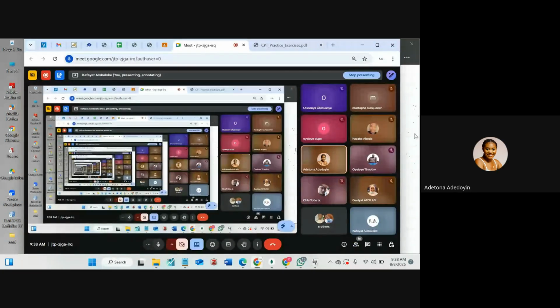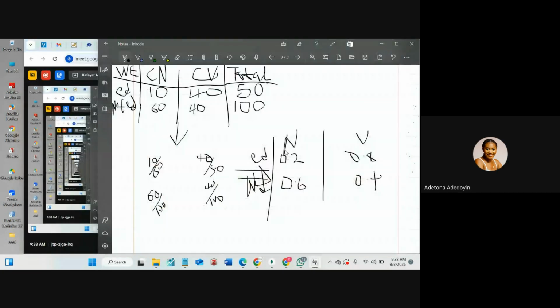The probability that a noun, given that it ends in ed, is 20%. Say that again. The probability that we have a proper noun that ends in ed is 20%.